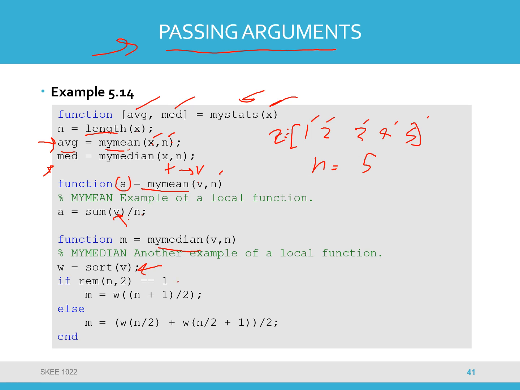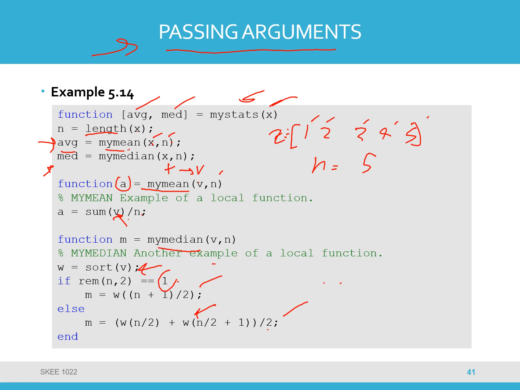If you have a remainder, you use a different formula. If you don't have a remainder, you use this formula. Remember, if you have 4 data, you use this formula. 5 data, you have an extra 1, right? So use this formula. Try to understand how the function works.